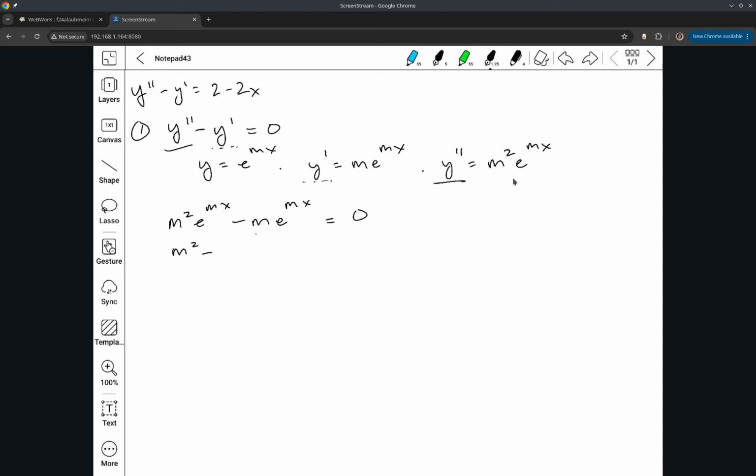So since it's equal to 0, I know that I can divide out that e to mx. And then if I factor this, I get m times m minus 1, which means my two roots are 0 and 1.